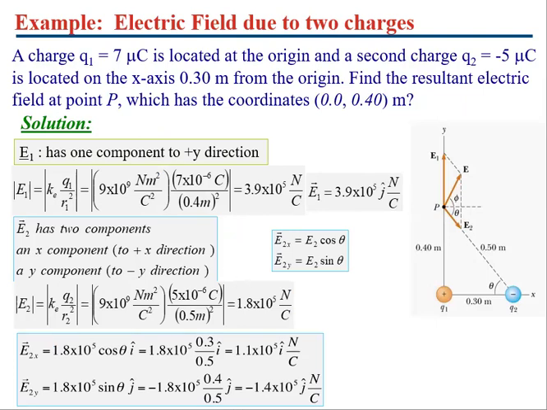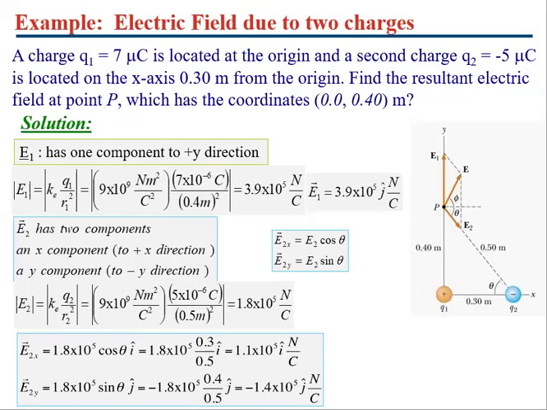Okay, very good. Just draw the situation as usual, because I want to go through the steps. So we have Q1 here, Q2 is here, and P is at this position, 0 and 0.4 along y.